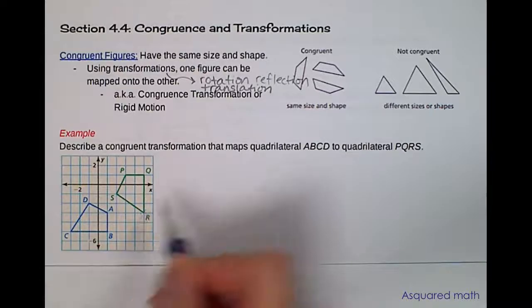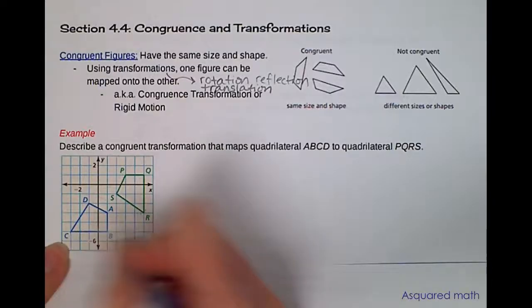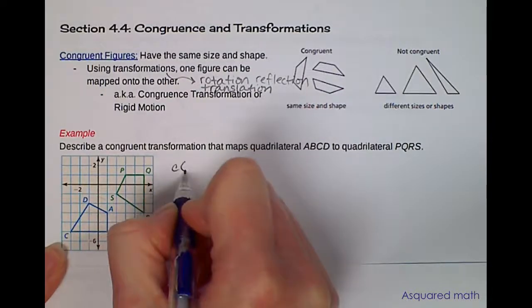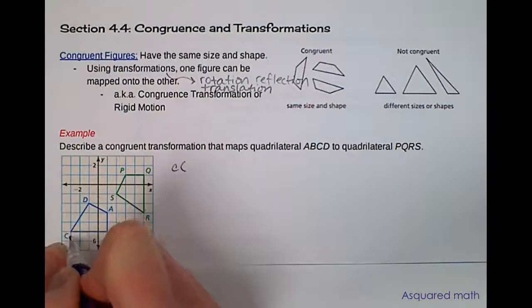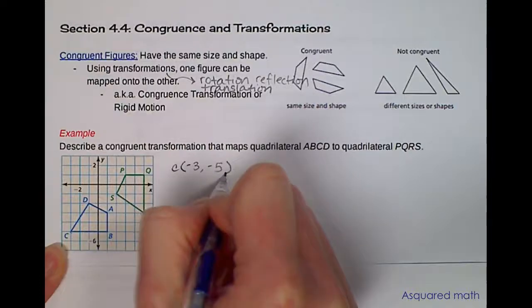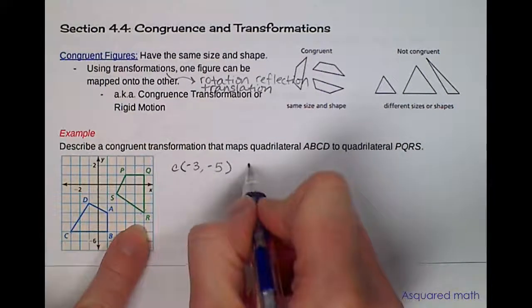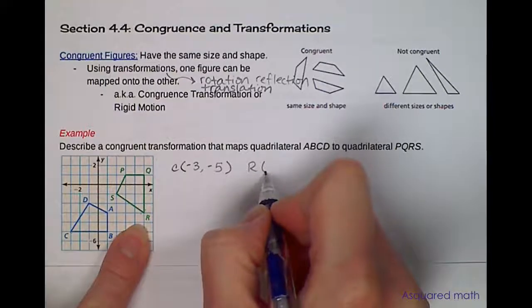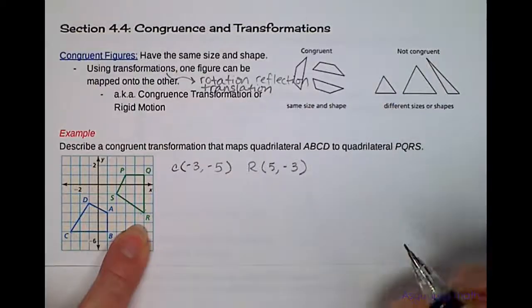What I want to do to start here is take a look at point C. Point C has the coordinates left 3, down 5, so (-3, -5). And I want to compare that to point R. R has the coordinate (5, -3).